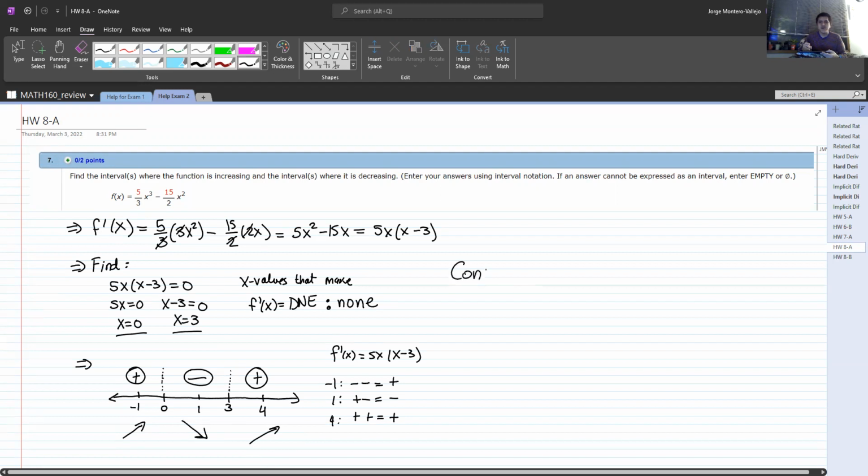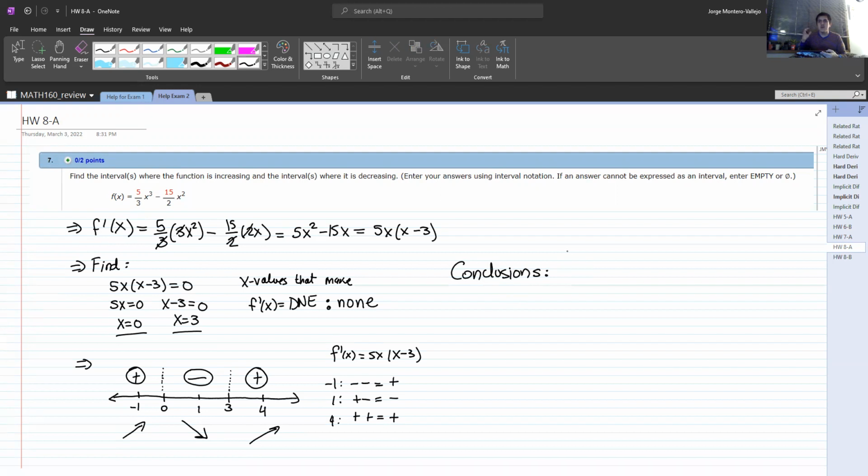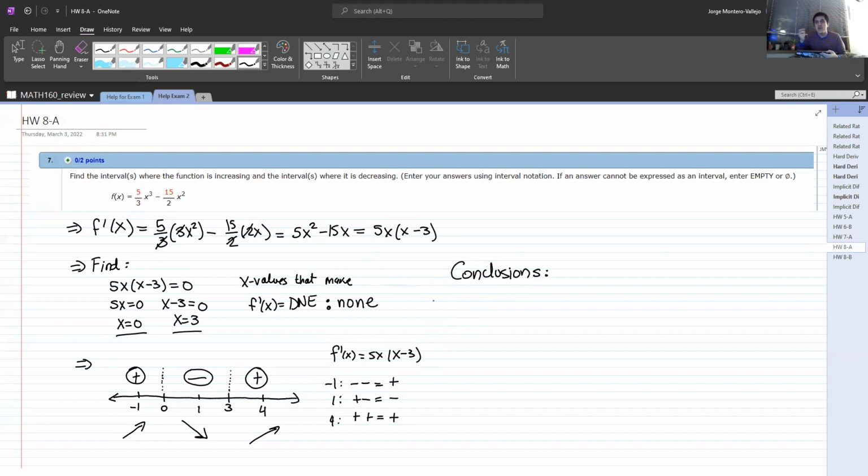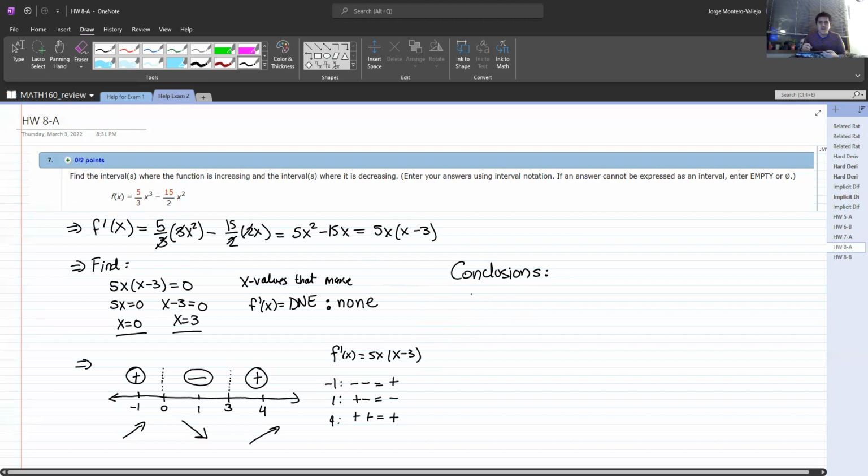So when you write your conclusions, you may not write the word conclusions when you finish off a problem like this, but because the question is about finding intervals where something happens, then you must state on these intervals, this happens. Even if that doesn't necessarily mean writing a complete sentence, you should write the intervals and next to them the word increasing or decreasing. That's the minimum that I expect from you guys. Okay, so conclusions.